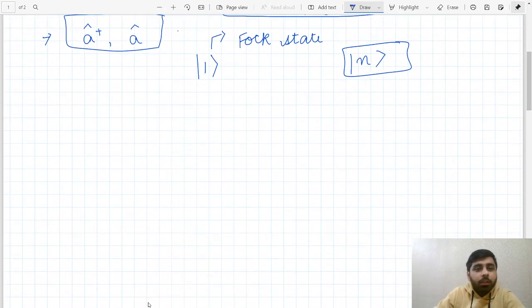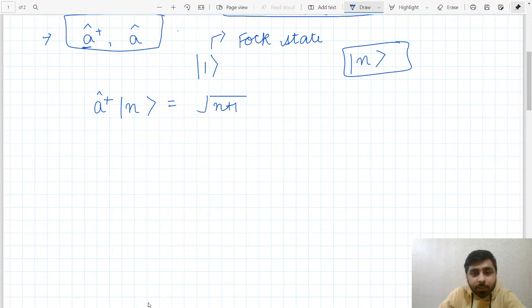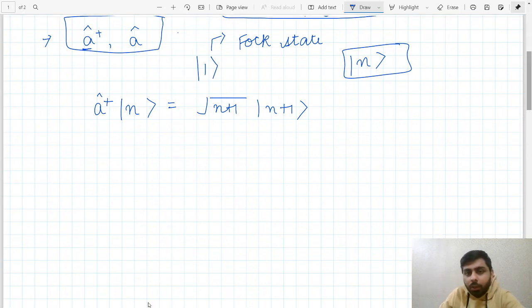Now, what this operator does is, if it acts on any Fock state n, by definition it acts like this. It takes the Fock state n to the Fock state n plus 1 with a scaling constant root n plus 1, not very important.